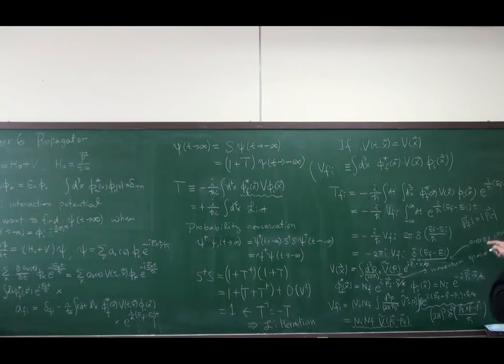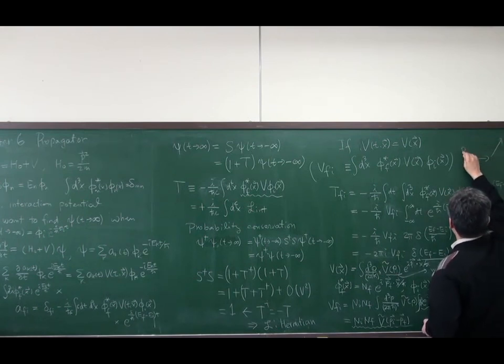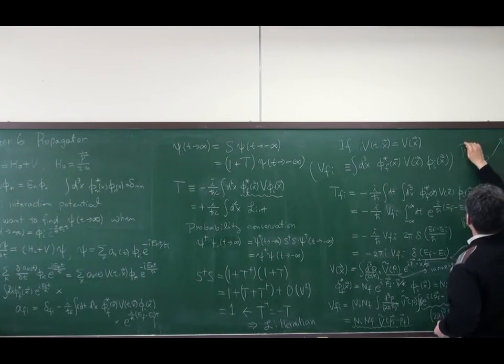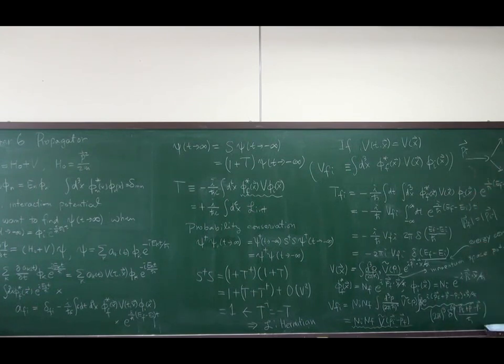Even though these two momenta have the same magnitude, their directions can be different. So the initial is like that, and the final is like that. If I subtract the final, this is the momentum of the potential. So momentum conservation is still valid because the potential may carry three-dimensional momentum. So the whole expression preserves energy and momentum simultaneously. That's it.